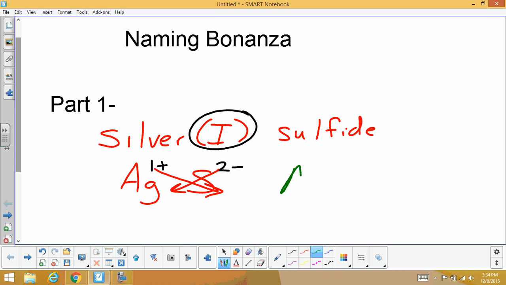We lose the positive and negative. So we have Ag2S1. So your final chemical compound for part one, number one, silver 1 sulfide, is Ag2S1.